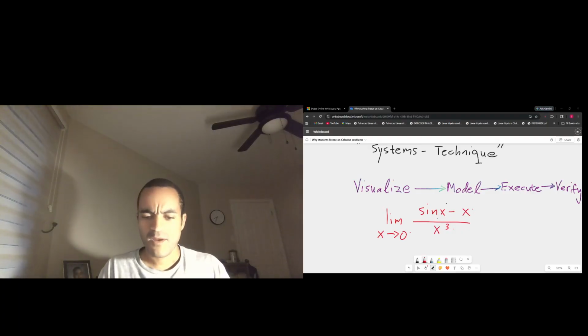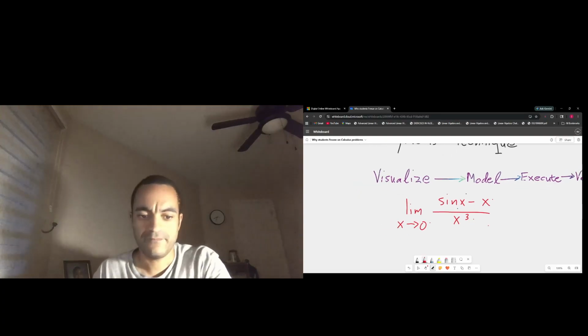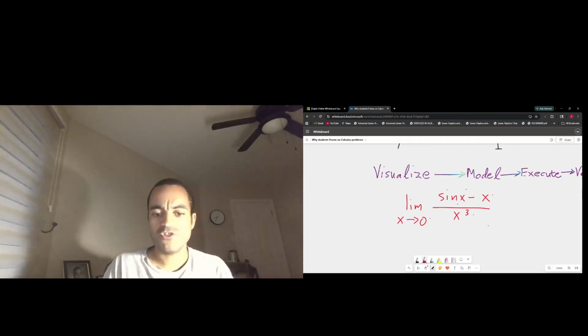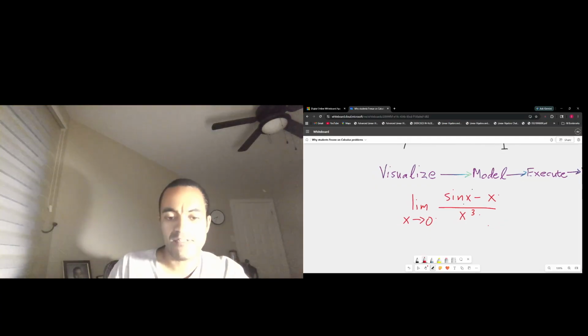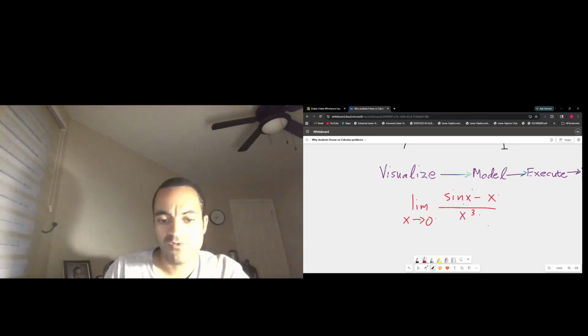The way to solve this is using the following. We are going to be looking at something called L'Hopital. A lot of you can relate to that. L'Hopital is used when we have a function divided by another function, taking the limit of a function divided by another function, making sure that it's not indeterminate.